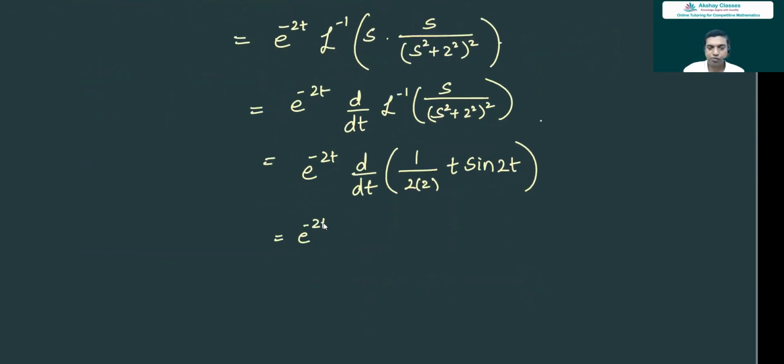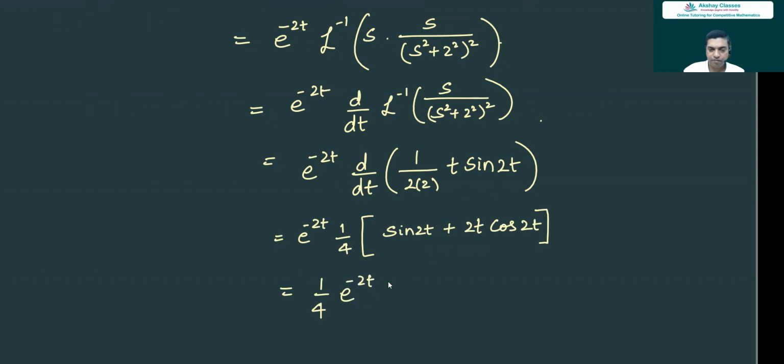So e power minus 2t into 1 by 4, and now we differentiate derivative of t, keeping sine 2t as it is, plus keeping t as it is, differentiating sine, we'll get cos 2t. So 1 by 4 sine 2t plus 2t cos 2t.